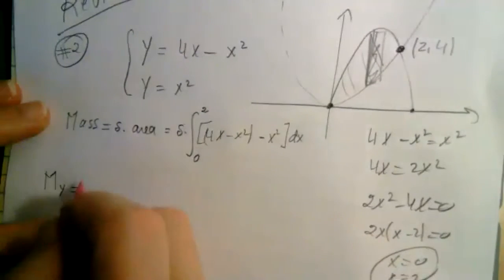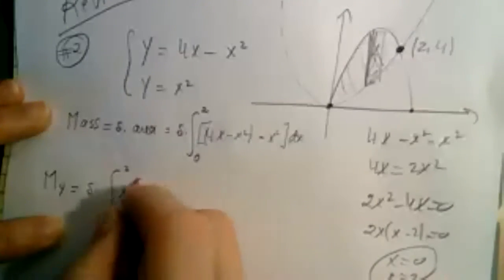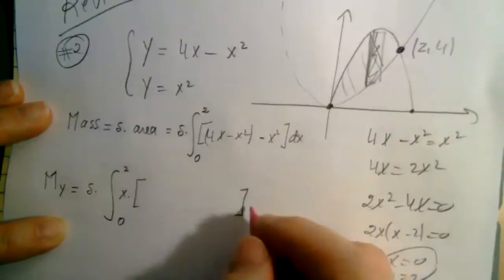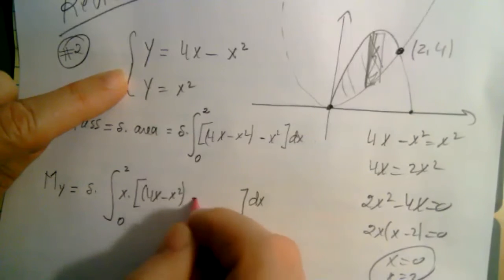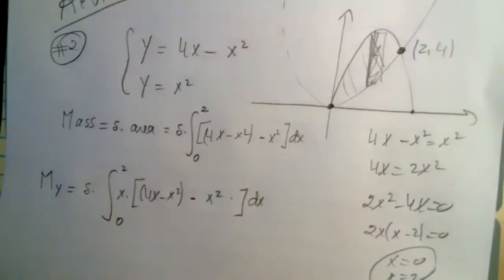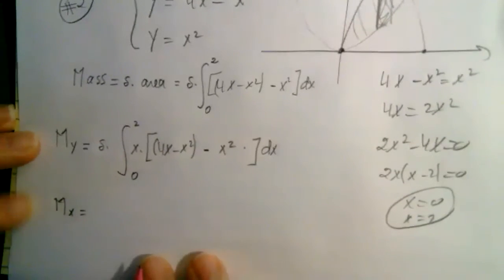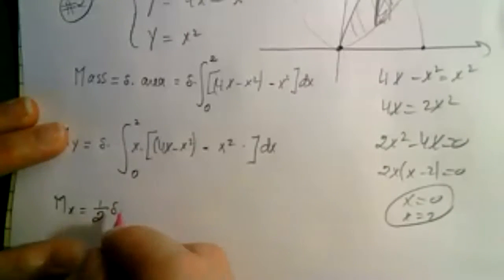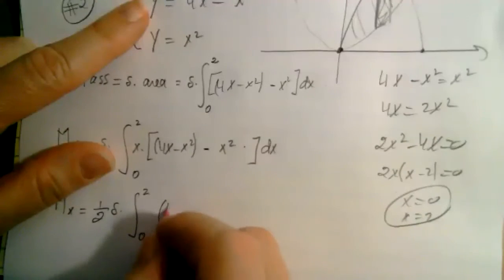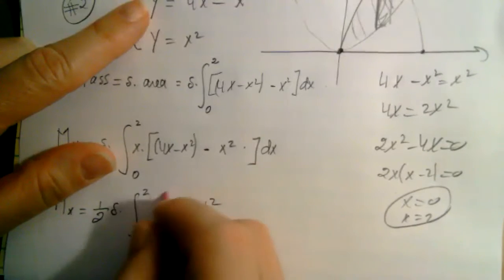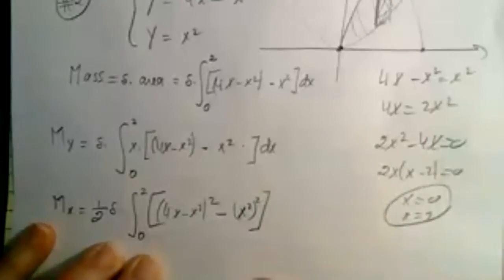The formula tells me it's the density times the integral from 0 to 2 of x times the upper curve, 4x minus x squared, minus the lower curve. Then you find M1. Now, what is the moment with respect to x? It's one half delta times the integral from 0 to 2 of the upper curve squared minus the lower curve squared dx.